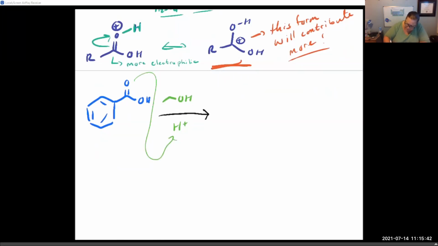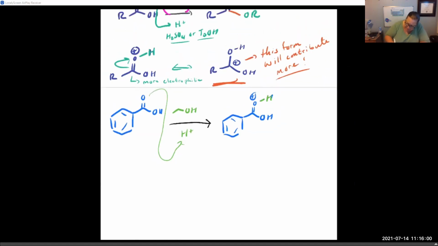First step. Anytime you have a strong acid, your first step is always going to be protonation. And you're always going to protonate the carbonyl oxygen because why? Because of resonance stabilization. We talked about that last time. Now, obviously, I have these two resonance forms here and here. I don't remember what your book has them attack, but I'm just going to have it attack this resonance form here.